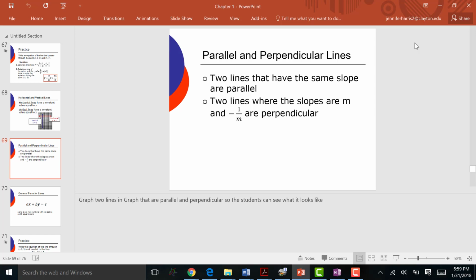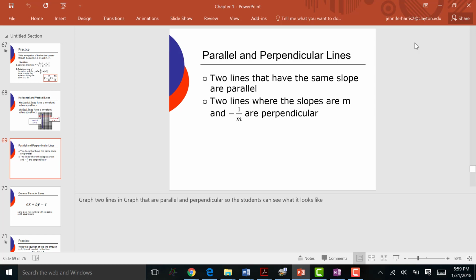Question: the slope of this black line right here, positive or negative slope? Positive. Why? Uphill. Then the other line is going uphill too. What about the red line? What's the slope? Negative. And it's downhill. So again, negative slope, downhill.